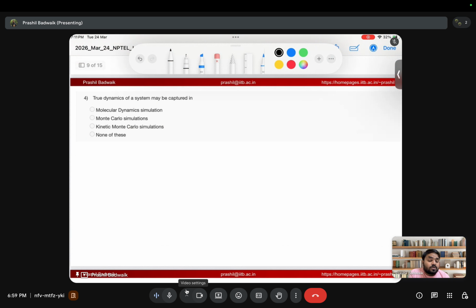Question number 4. This also we studied. True dynamics can be captured using molecular dynamics. Just now we saw that it gives you the positions and velocities of particles with respect to time. So we are following time, and that's why we see dynamics.